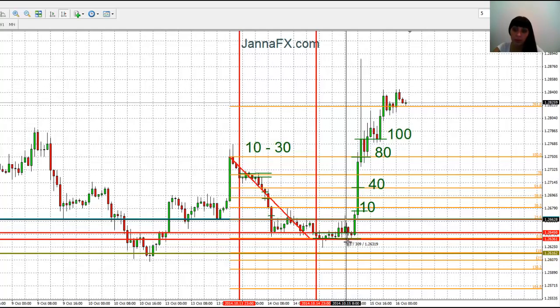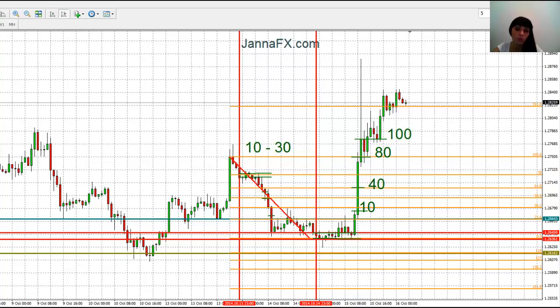But because we had 30, it's right below our channel, so when the market moved backwards a little bit, it didn't touch the stop loss, and it returned and started to move.